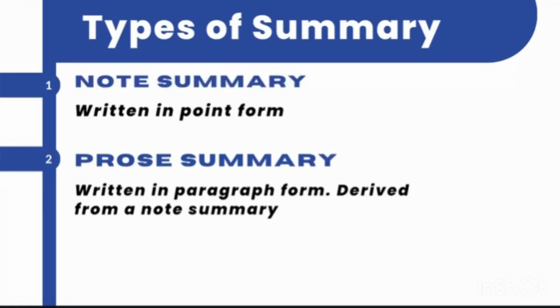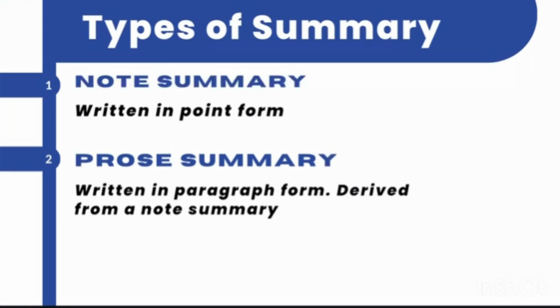There are two types of summary that we have: a note summary and a prose summary. What is a note summary? A note summary is a type of summary which is written in point form. You use bullets. A prose summary is one that is written in paragraph form. Normally, it is derived from the note summary.